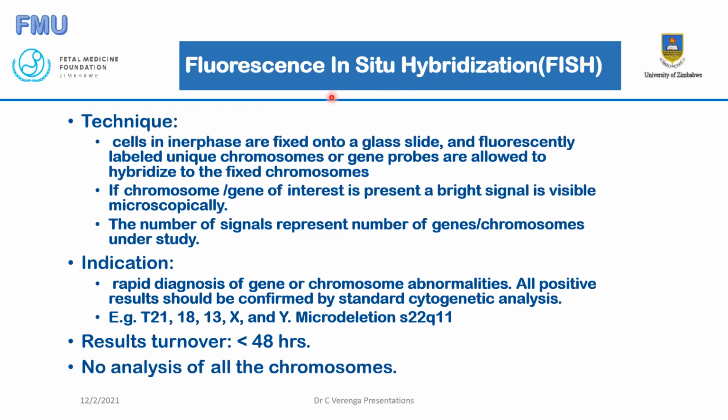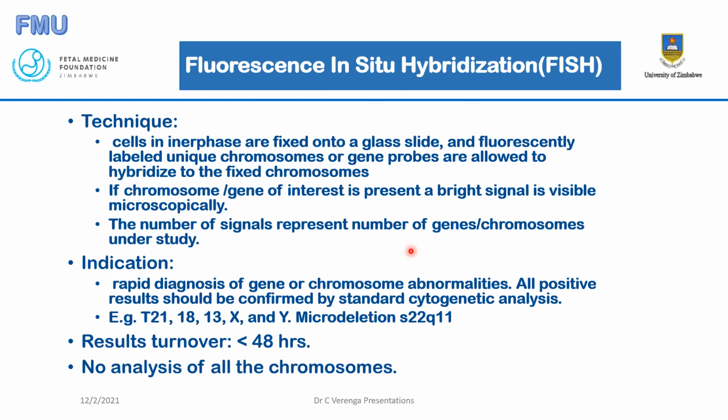FISH is a technique whereby we have fluorescent labeled probes that are targeting certain parts of the chromosomes. So the cells are analyzed in interphase. They are put on a glass slide where the fluorescent labeled probes have already been fixed, so that there is hybridization of the chromosomes together with this fluorescent labeled component.